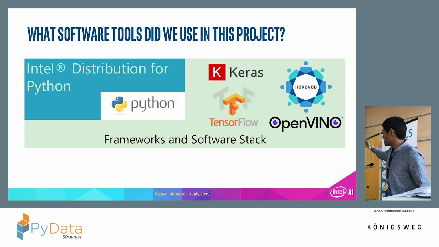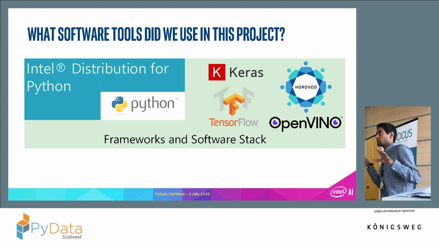For the deep neural network, I use TensorFlow and on top Keras to make life easy. And then Horovod is a technology developed by Uber, you know, the car company.